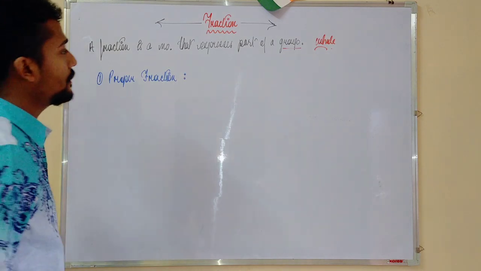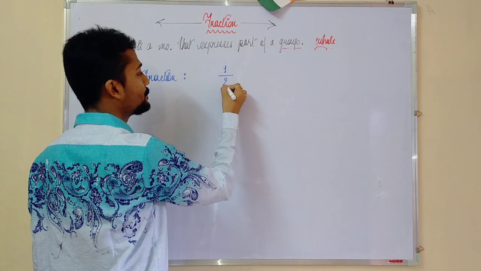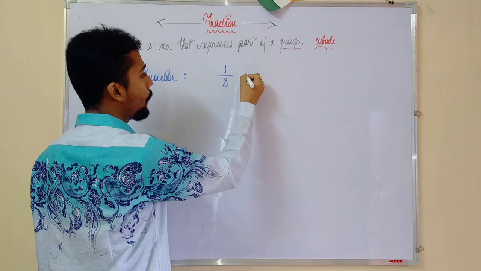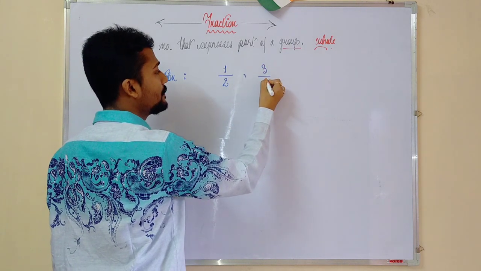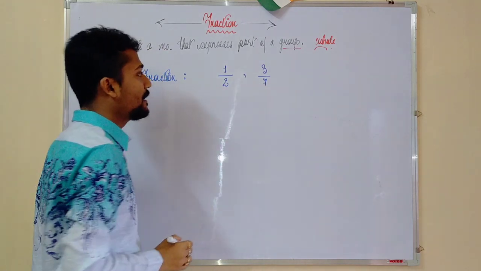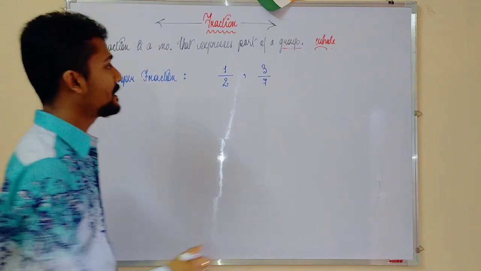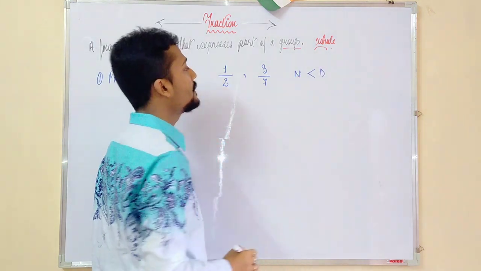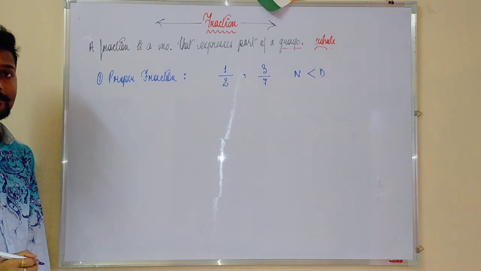If the numerator of a fraction is lower than the denominator, like 1 by 2, or 3 by 7, where 3 is smaller than 7. That means if the numerator is smaller than the denominator, then the fraction is known as a proper fraction.